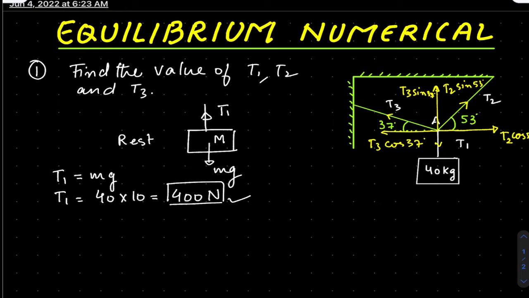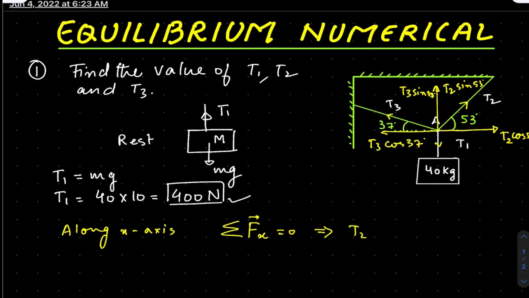Okay, so now along the x-axis, for equilibrium, the net force along the x-axis must be 0. It means that there are two forces acting along the x-axis.